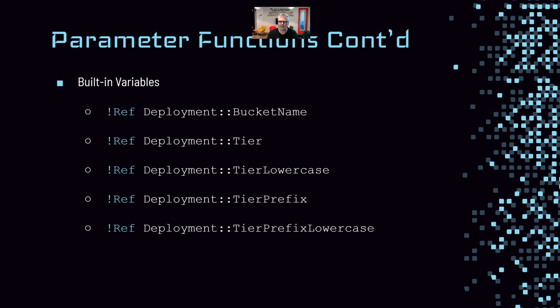So as it is running, you access them with the ref function, just like you would do in a LambdaSharp module or a CloudFormation template. And these are kind of, hey, what bucket name is being used for my deployment? Which tier do I go to? Tier lowercase, which is useful for resources that are limited to lowercase characters, the prefix lowercase, and so on and so forth. So these can also be retrieved and used dynamically, for example, with sub to create values, to initialize these parameters in a very constructive way, very natural how it works.